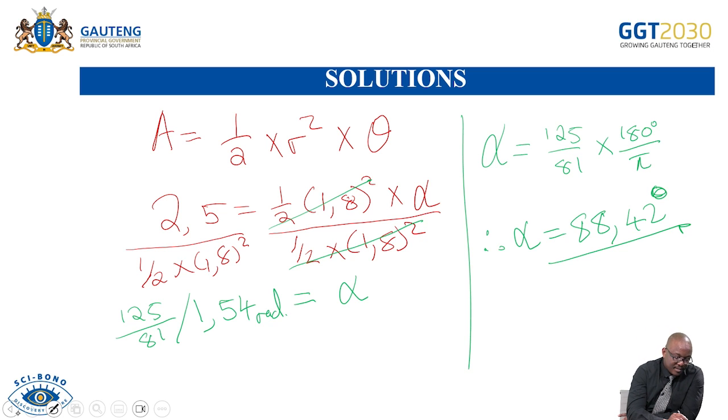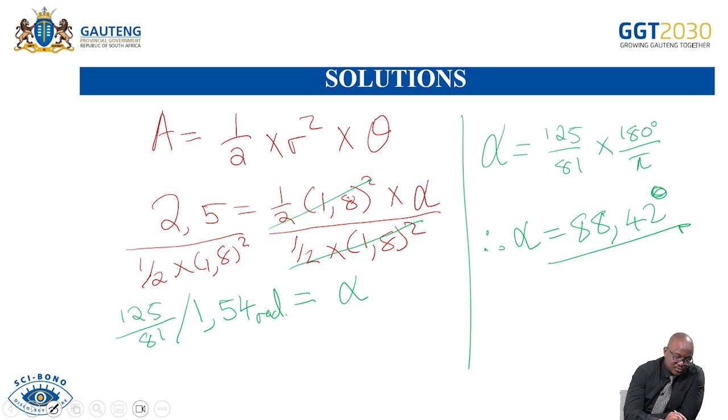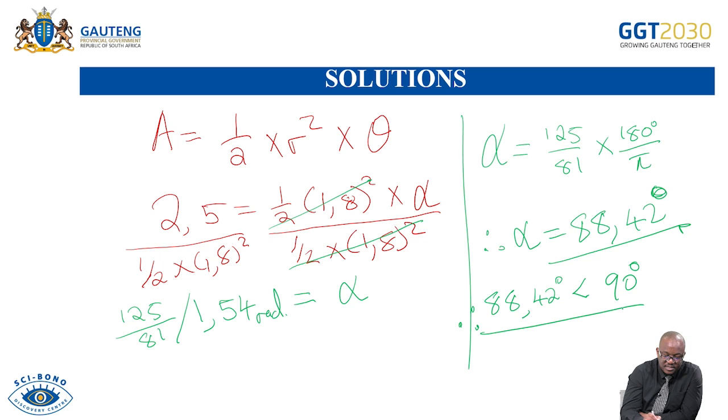And remember, the question says you must show that it's an acute angle and you must justify your answer. So you will say now that 88,42 degrees is less than 90 degrees.